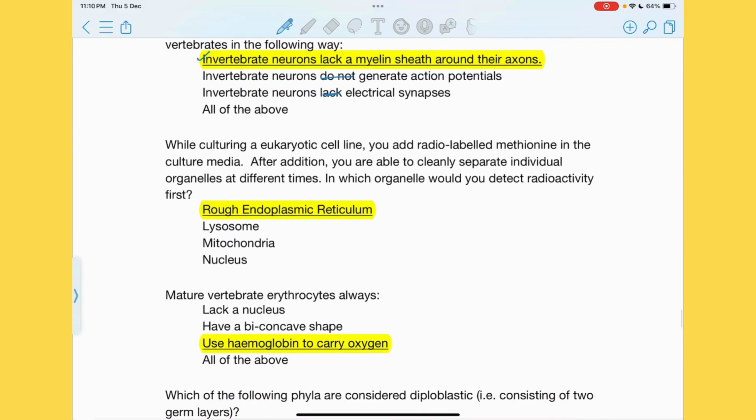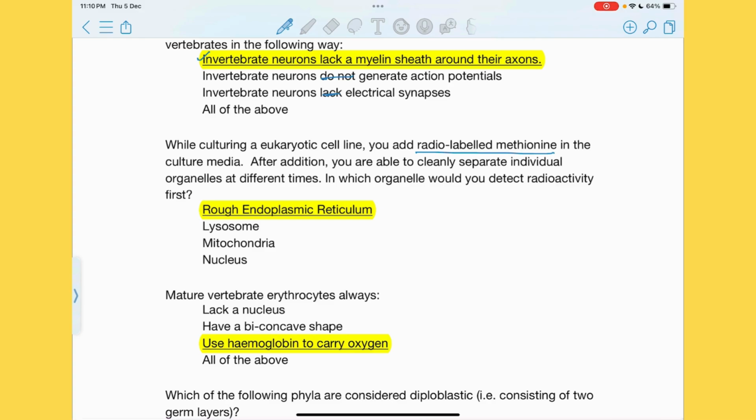Next question says, while culturing a eukaryotic cell line, you added a radio-labeled methionine in the culture media. After addition, you are able to clearly separate individual organelles at different times. In which organelle would you detect radioactivity first? Endoplasmic reticulum, lysosome, mitochondria, nucleus.